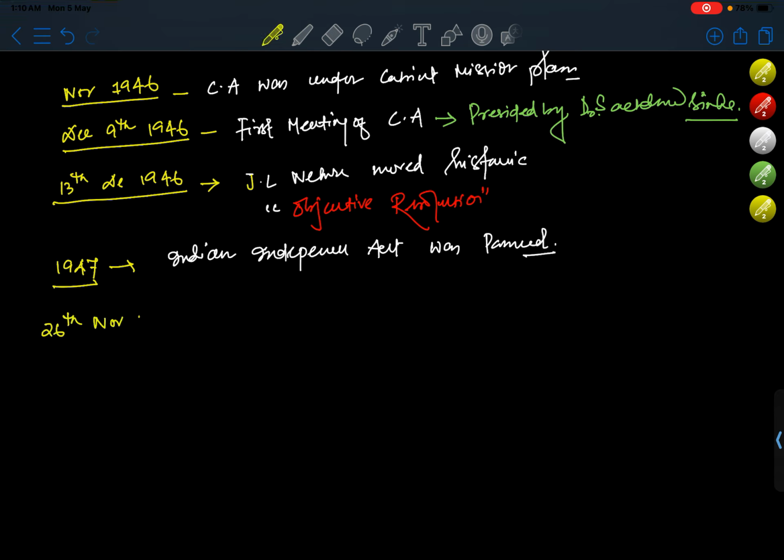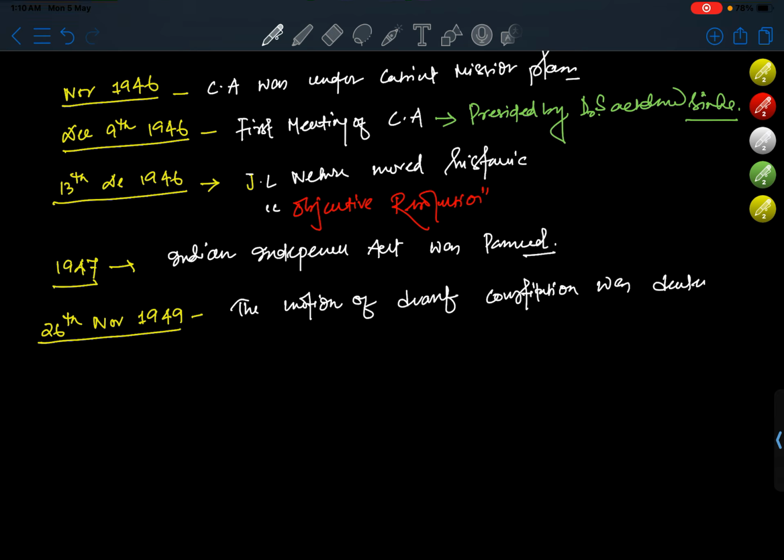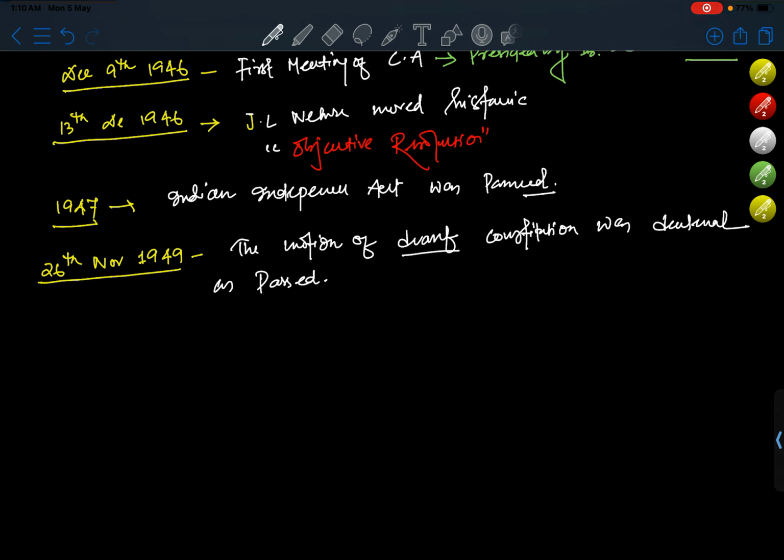On this date, the motion of the draft constitution was declared as passed. So on 26th November 1949, the already drafted constitution was passed.